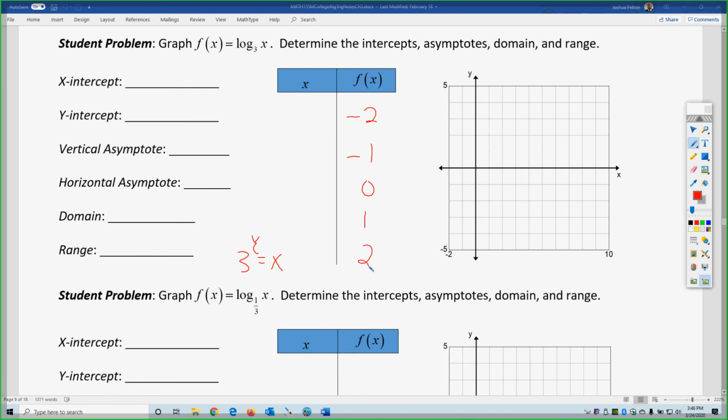If I plug in -2, I get 1/9, I get 1/3, I get 1, I get 3, and I get 9. So we'll graph those. At 1/9, I'm at -2. At 1/3, I'm at -1. I'm at 1, 0. 3, 1, and 9, 2.